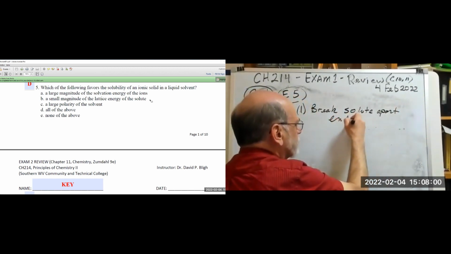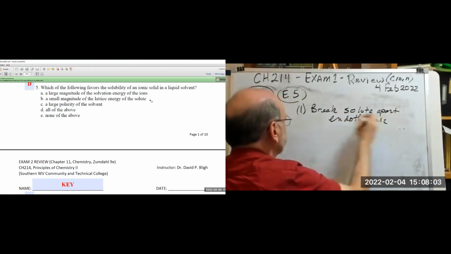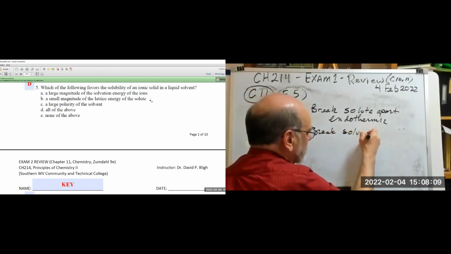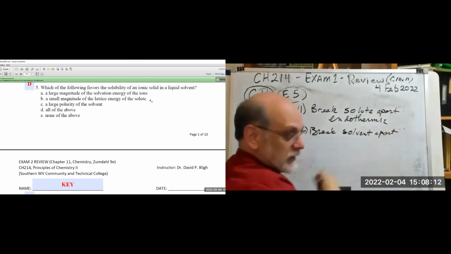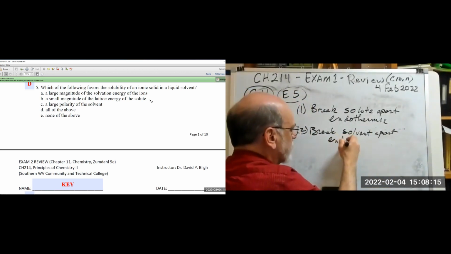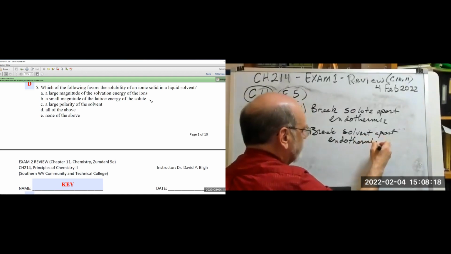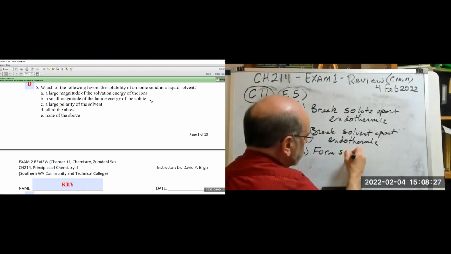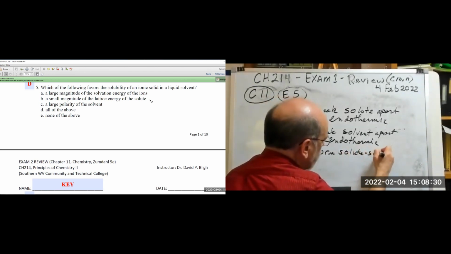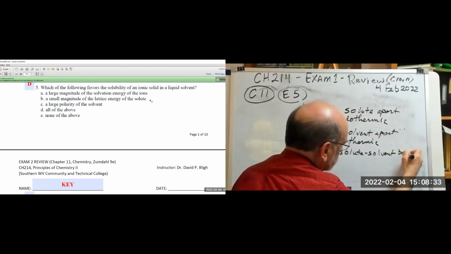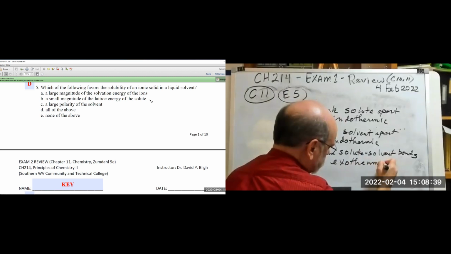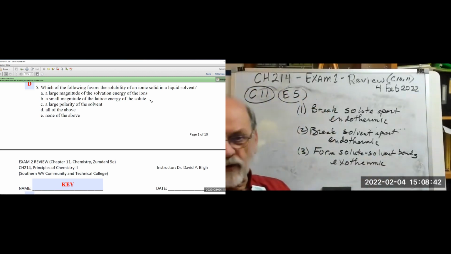This is endothermic. 2, break solvent apart. Make a hole. This is endothermic. And 3, form solute-solvent bonds. This is exothermic. All right. So what favors the formation of a solution?